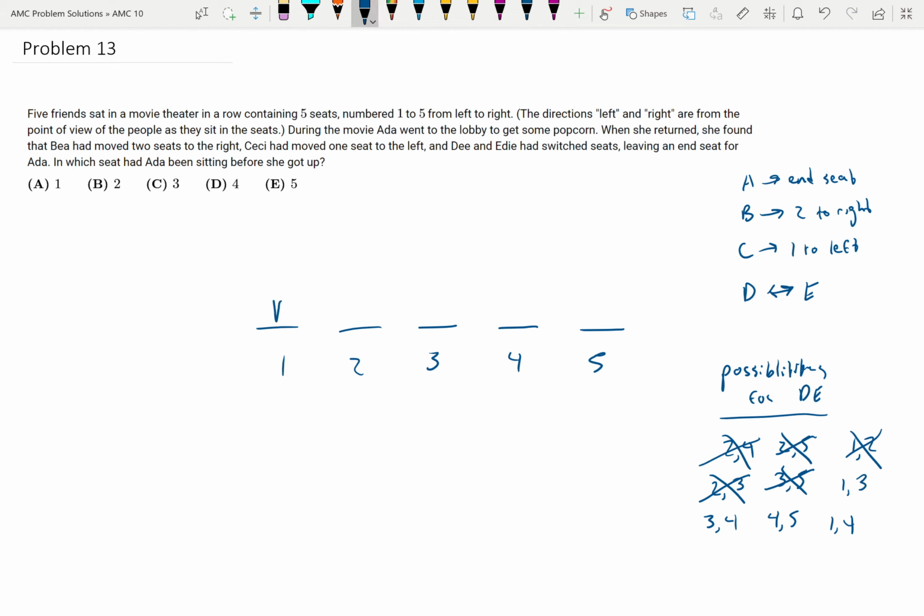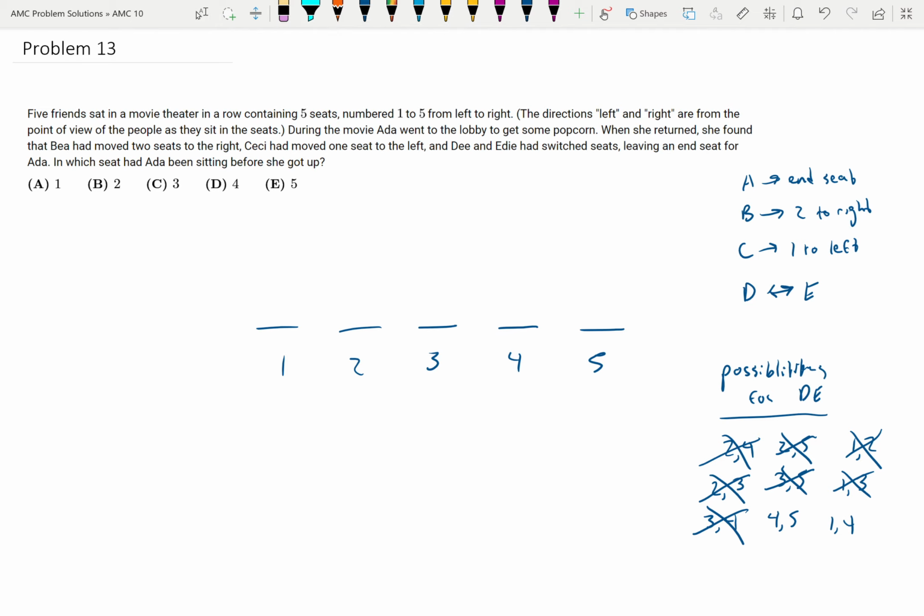So now 1 and 3, so D, E. C would have to go here, B would have to go here, move 2 to the right, A would go here, but again, B would be moving here, C would be moving there, they'd be moving to the same spot, so that won't work. Now we'll try 3 and 4, so D, E. C would have to go here, but there's nowhere B would be able to go, so that won't work.